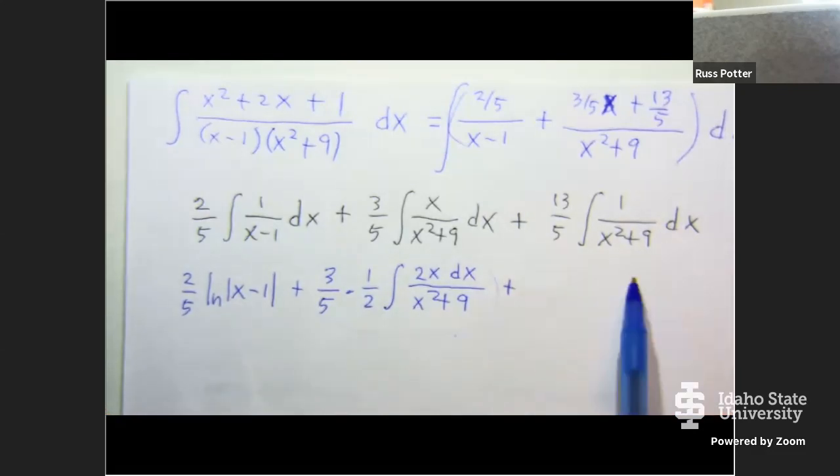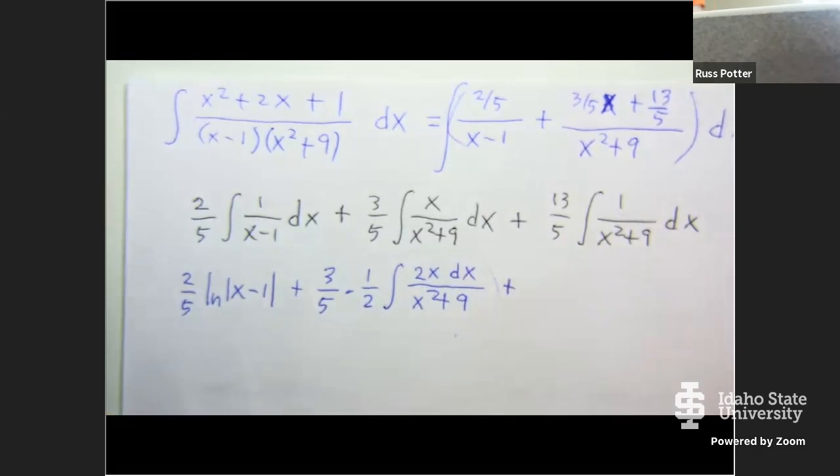And then what about the next one, the third integral? 13/5 times 1 over x squared plus 9 dx. Okay, for this one, we'll use a trig substitution.